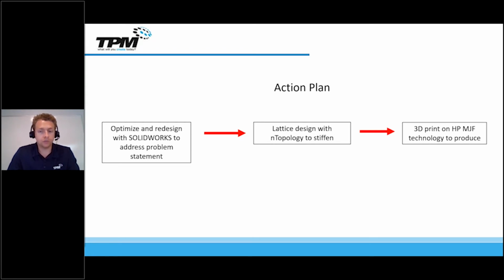This shelled version will be sufficient in regards to our factor of safety, but we can add a lattice structure to it with the software called nTopology to make sure that there's minimal warping during the printing. The final model from nTopology will allow us to print directly in our HP printer, and the component can go directly onto the machine from there. So let's get to it.